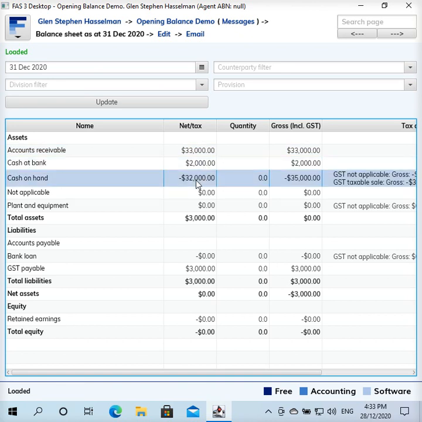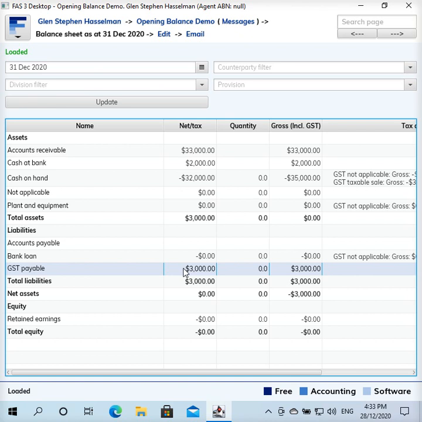Cash on hand is obviously not correct, and GST payable may not be correct because this GST payable only relates to the GST on your outstanding invoices, but you might have a sale where you have, like, let's say it's dated 1st of April 2020 and you've been paid for that, but you haven't yet lodged the BAS related to that, so that money should be still sitting in GST payable.